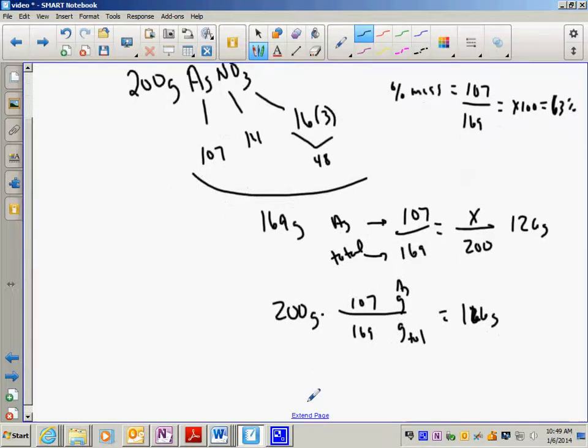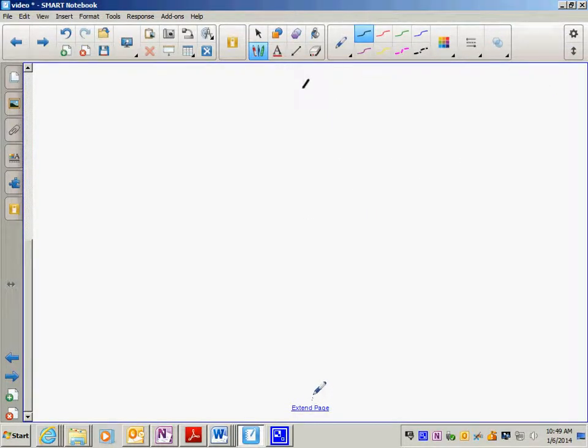Another example of this might be something as simple as saying, okay, for silver nitrate, AgNO3, each individual particle unit here is 169 grams.